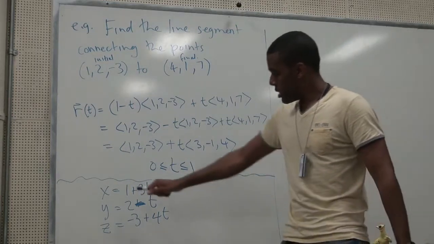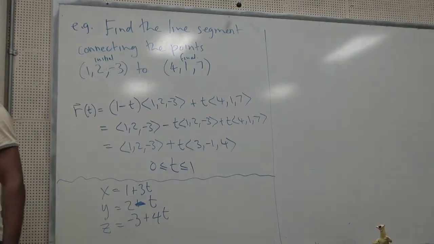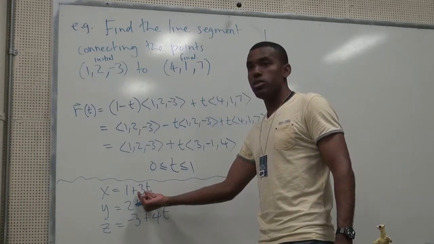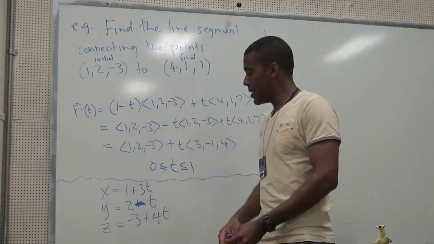Now notice that these numbers are the initial points, just like in this formula, x initial, y initial, z initial, that's where you start. And this is the distance you move to go from the initial point to the final point, which you get from the subtraction.